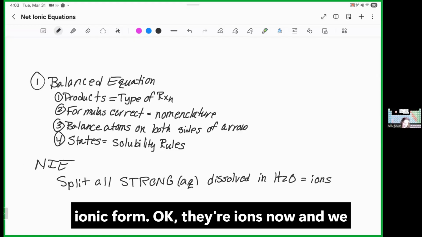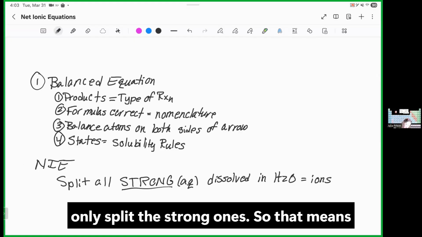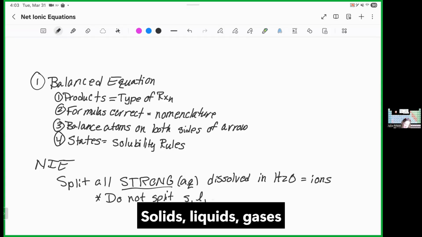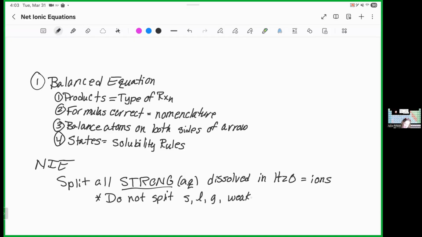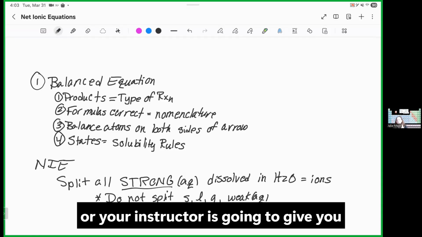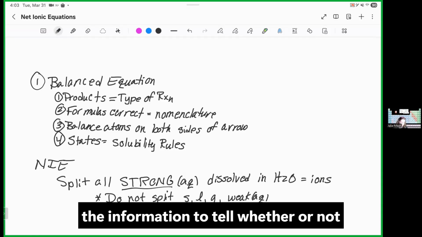They're ions now. And we only split the strong ones. So that means we do not split solids, liquids, gases, or weak aqueous. And we're going to look at a chart, or your instructor is going to give you the information to tell whether or not it's strong or weak.